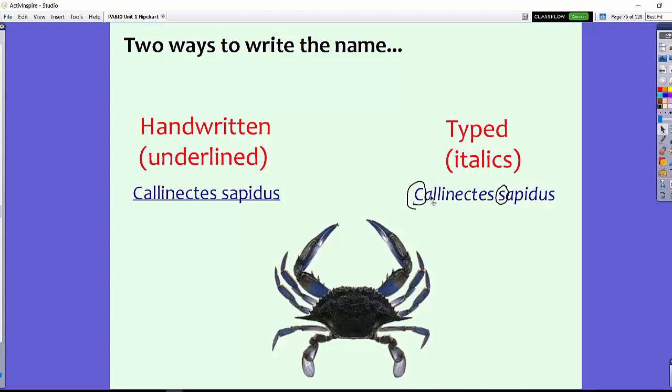I have things circled here because it's very important that you take a look at these: the first letter in the genus is always capitalized. The species name is always lowercase. So handwriting we underline, but when we type it out, we're going to use italics. And always remember that the genus is always capitalized, the species name is always lowercase.